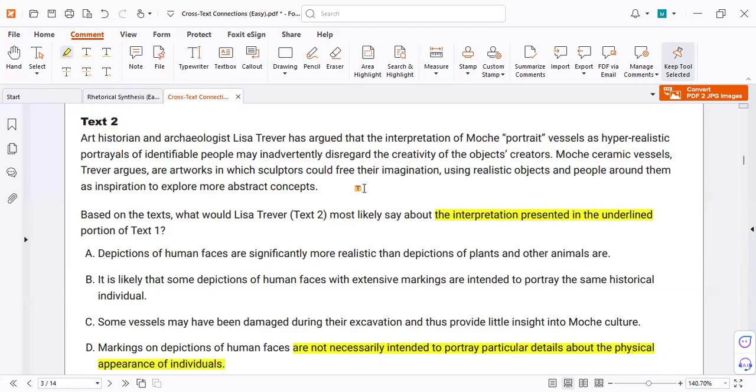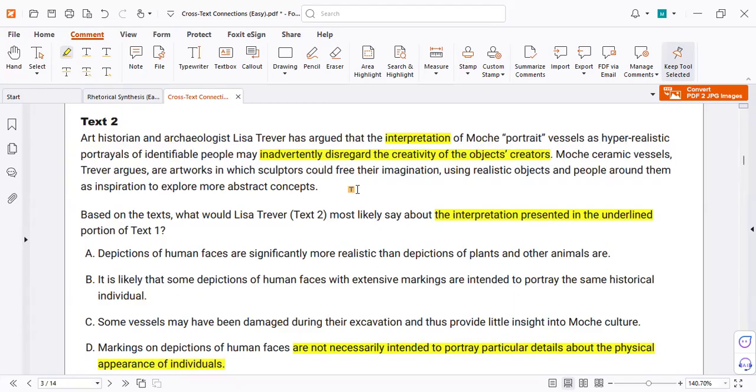Look, he said the interpretation of many portrait vessels as hyper-realistic portrayals of identifiable people may inadvertently disregard. Inadvertently means without intention, without desire. He doesn't mean it. So they may disregard unintentionally.